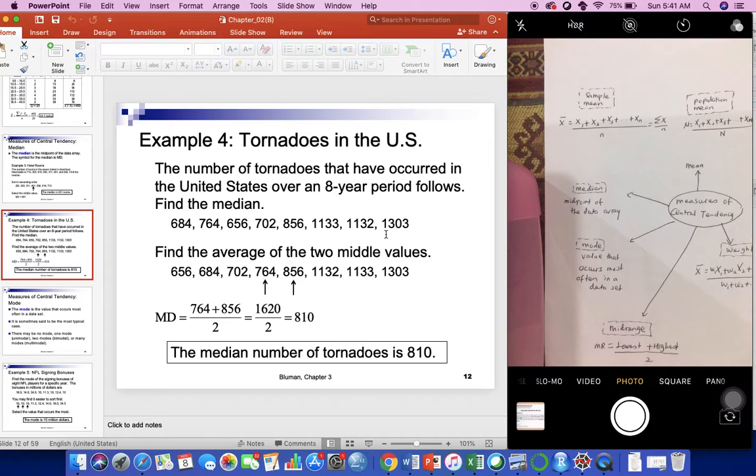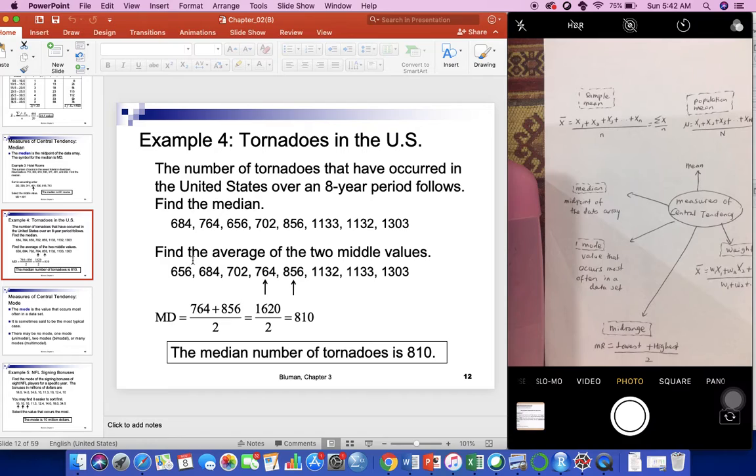How to find this median? The first thing is you need to arrange this data array. But this data array is already arranged in order. Let's say if this data array is not arranged, you need to arrange it first, from the lowest number to the highest number.